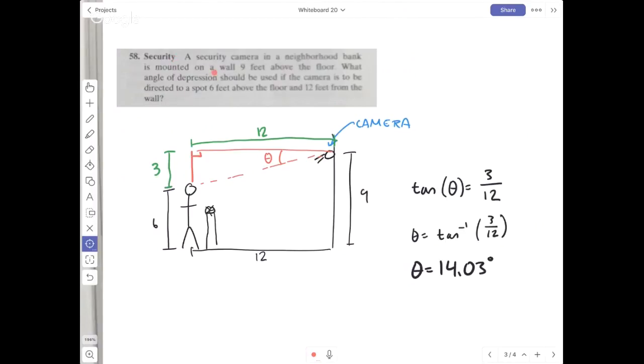What is the angle of depression that should be used on the camera if the camera is to be directed to a spot right here? So this was the angle that I found, 14.03 degrees, which is way over here at the camera. Saying if they started the camera out at dead level, that would be 0. But instead you should push it down 14 degrees to aim at the dude's head.